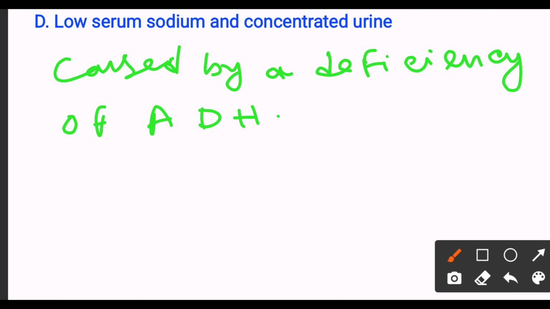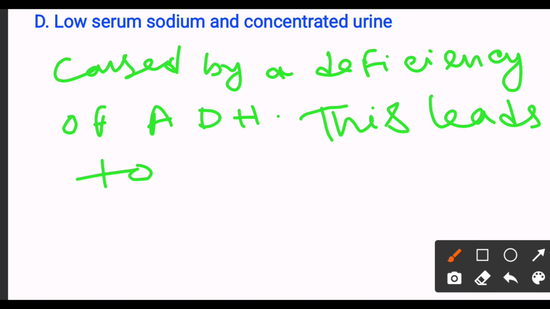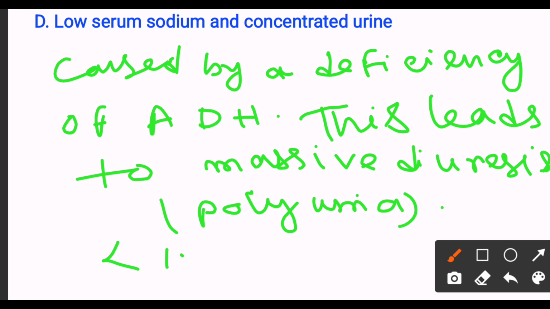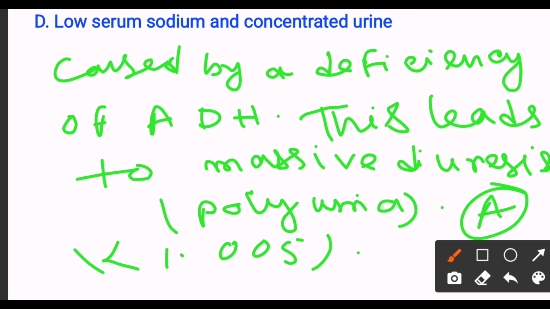This leads to massive diuresis. Diuresis means polyuria. Because the urine is so dilute, the specific gravity will be low. Specific gravity will be less than 1.005. So the answer will be option A, excessive thirst and low urine specific gravity.